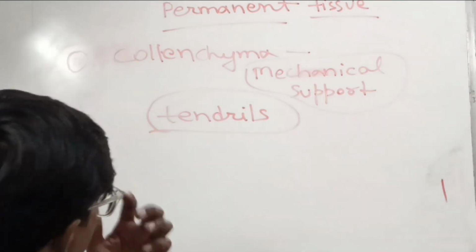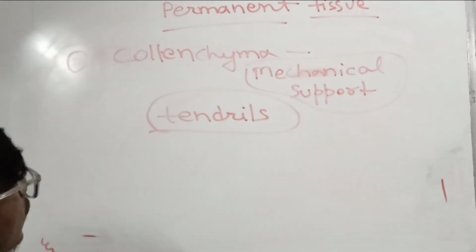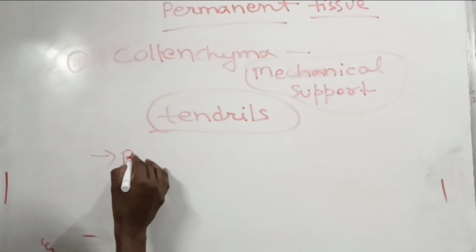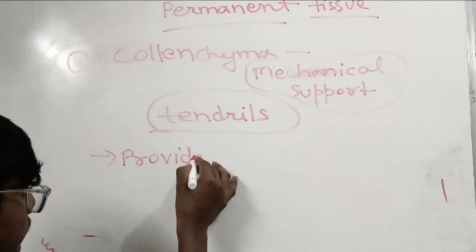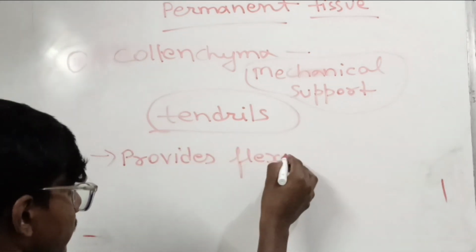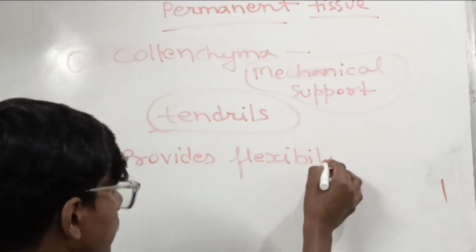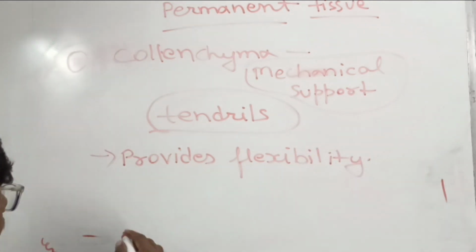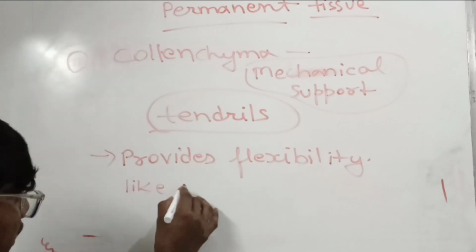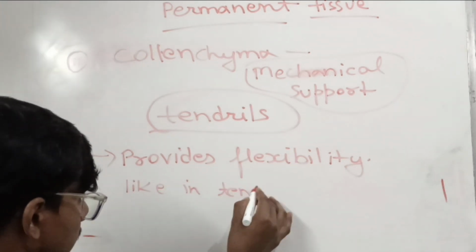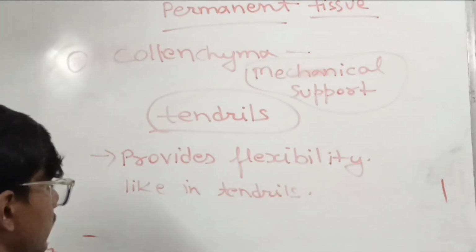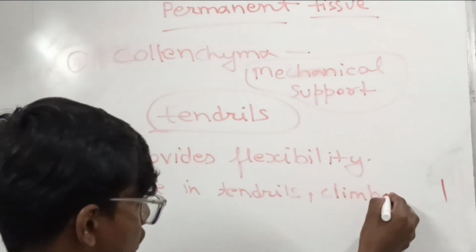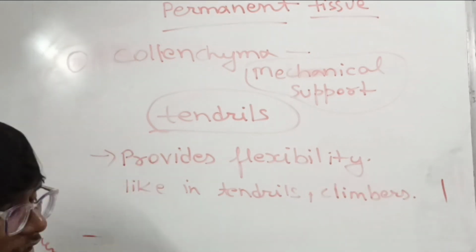These things you have to remember for collenchyma: mechanical support, and it provides flexibility, like in tendrils. Climbers are also there. So this is the collenchyma.